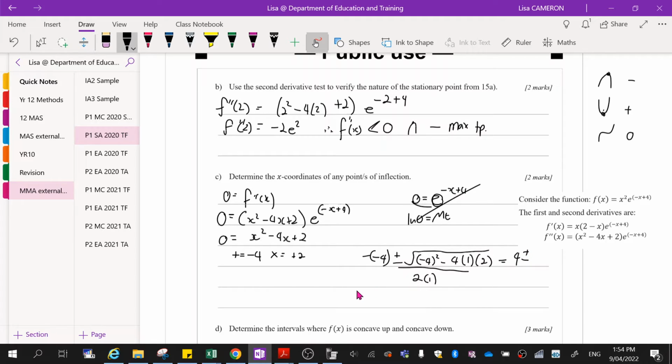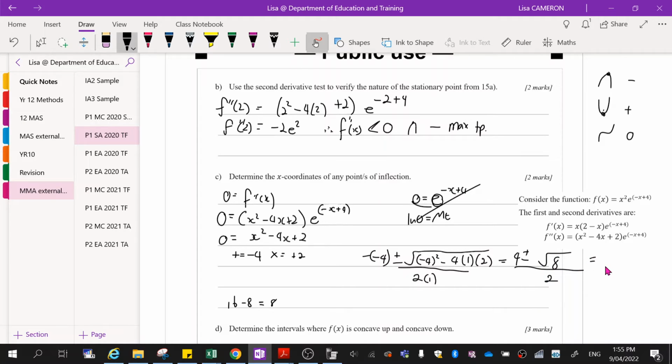So let's simplify what we've got. We've got 4 plus or minus. The denominator here is going to be equal to 2. Inside of our bracket, I'm going to have 16 minus 4 times 2 times 1, which is 8, so 16 minus 8 is going to be 8. So plus or minus root 8.